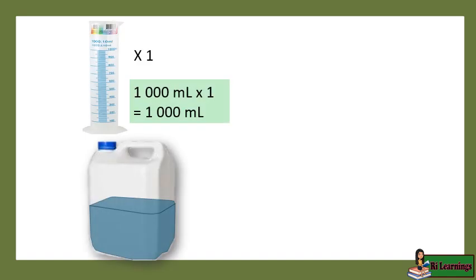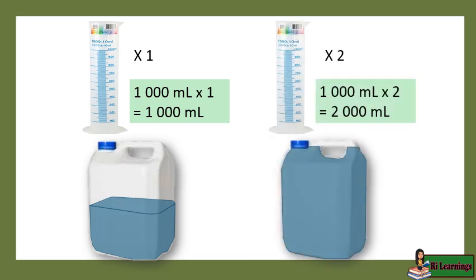Look at this picture. We are now using a bigger measuring tool. This graduated cylinder can hold 1000 milliliters or 1 liter at once. If we pour one container of 1000 milliliters, that is the same as 1 liter. The big container is half full. If we pour 2 containers of 1000 milliliters, 1000 milliliters times 2 equals 2000 milliliters.